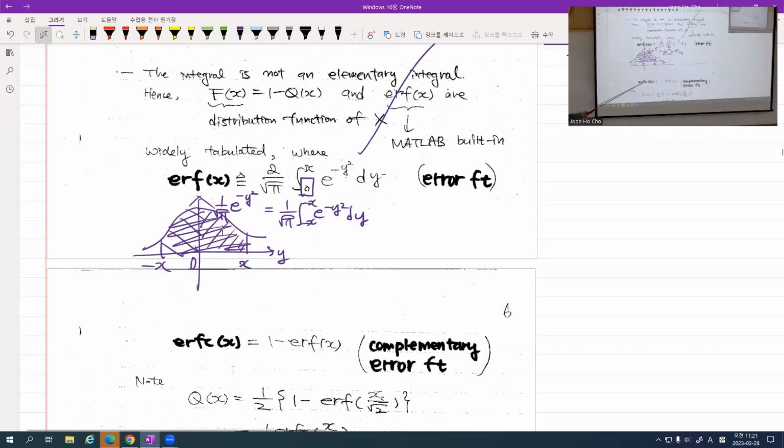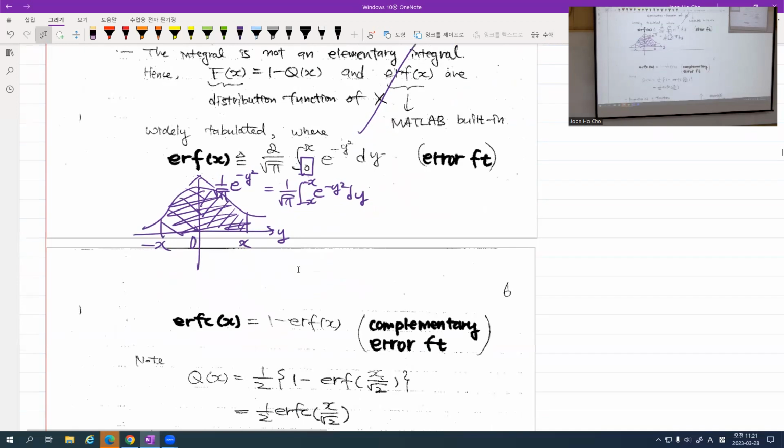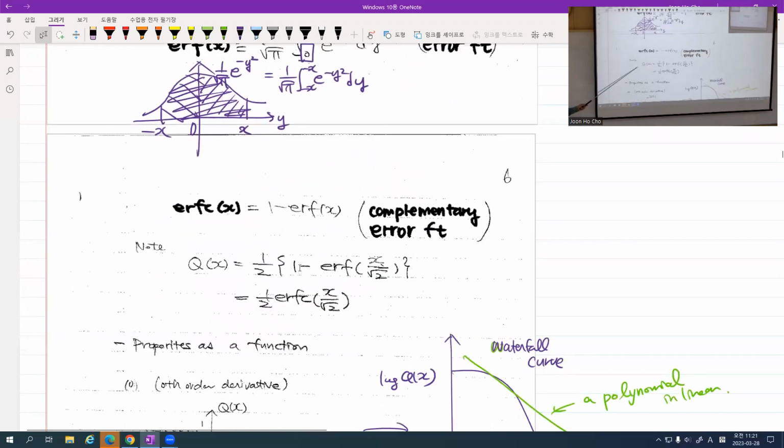And that is more closely related to the Q function. And by using a change of variables, you can easily see that the Q function is proportional to the complementary error function (the C means complementary) evaluated at x over square root 2 and multiplied by 1/2. Got it?